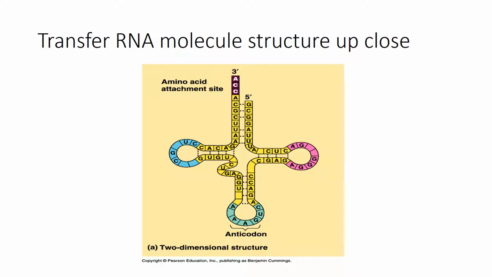And on the 3' end, that is the amino acid attachment site. Why? Because once again, the 3' end has an open spot where a bond can form. It's the same reason why we have to add new nucleotides only to the 3' end, because there's an open spot for it to form a bond.